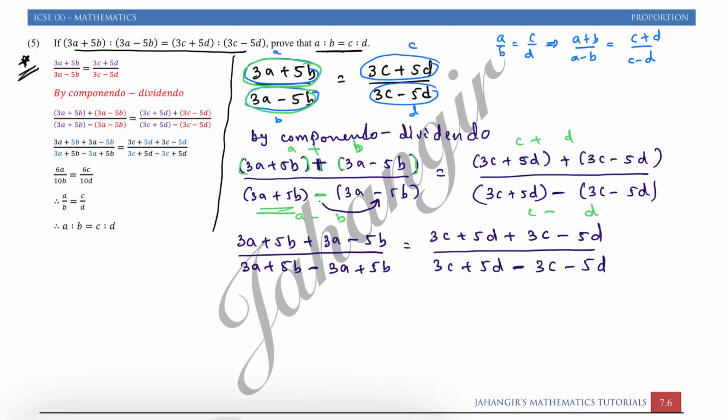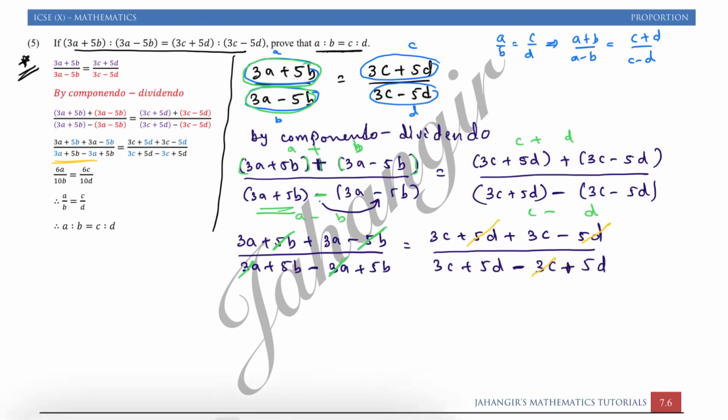As you see, I can cancel 5b and 5b here. I can cancel 3a and 3a over here. Here I can cancel 5d and 5d. You can just note down the color of the alphabet. 5b and 5b is blue, that is cancelled. I had given a color combination for that. 3a and 3a over here is a different color, so it gets cancelled. Here 3c and 3c, here I didn't change the sign. I have to change the sign.